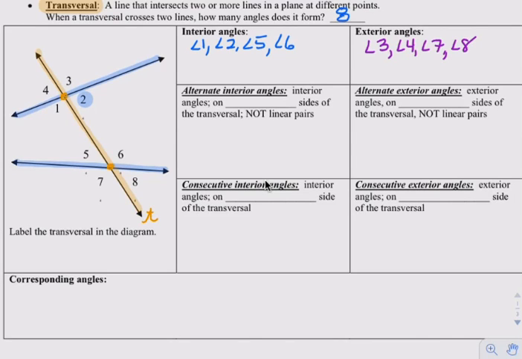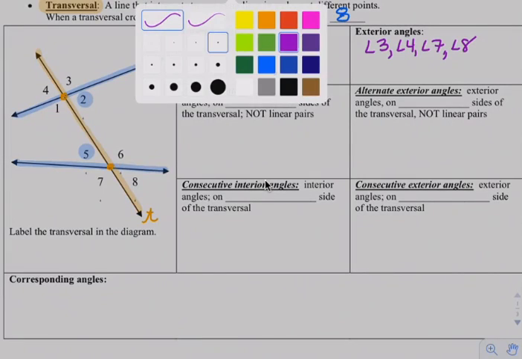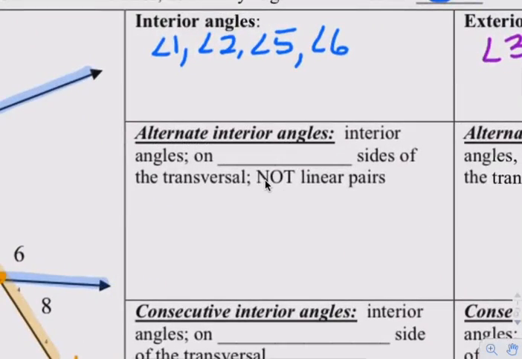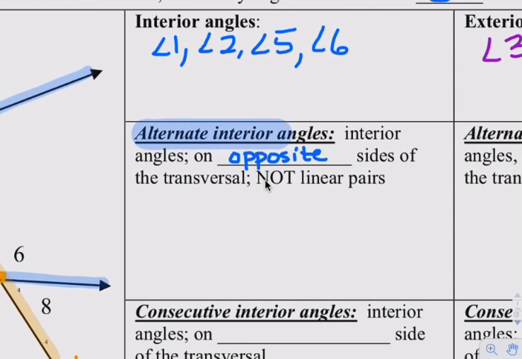And then also it should not make a linear pair, because 1 and 2 already have a name. They're a linear pair, so we don't want to rename those. We want to say 2 and 5. Okay, 2 and 5 are called alternate interior because they are interior angles that are on opposite sides of the transversal. But again, they do not form linear pairs.